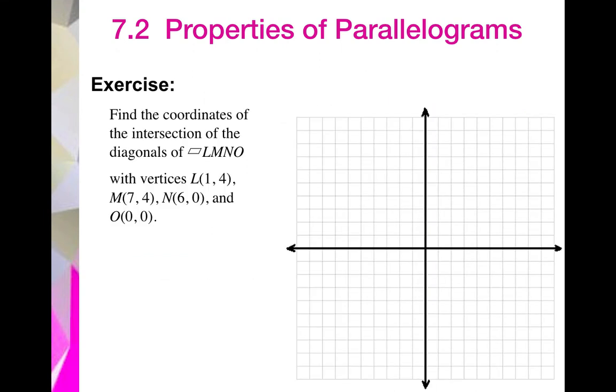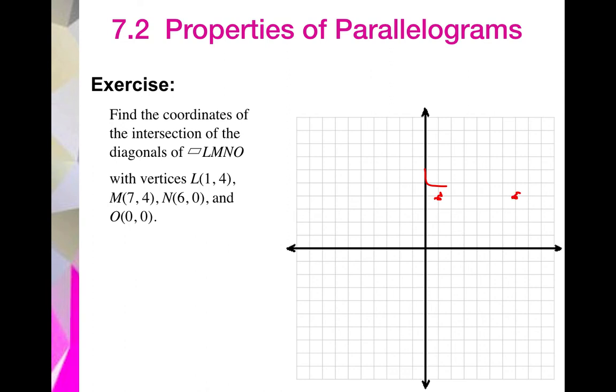Let's find the coordinates of the intersection of the diagonals of this parallelogram, LMNO. So L is 1 over and 4 up, so it's right around here. That's L. And then we have M, which is 7 over and 4 up, so it's right around here.